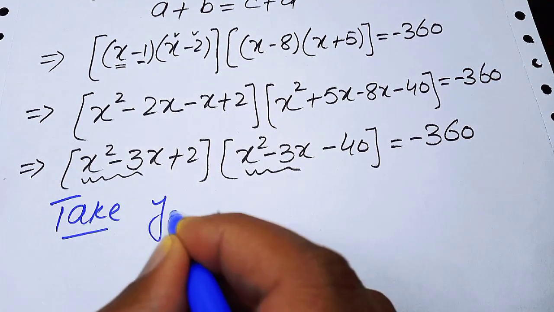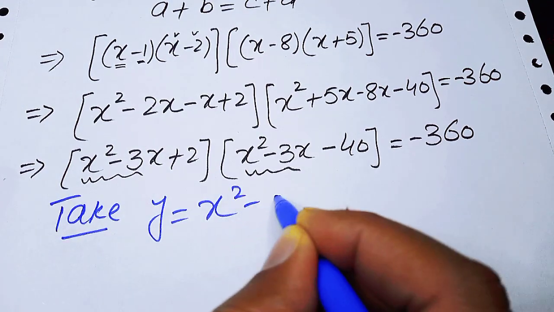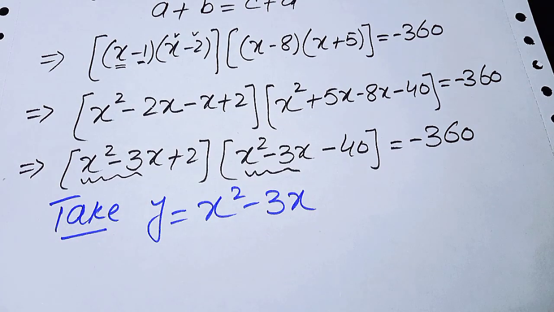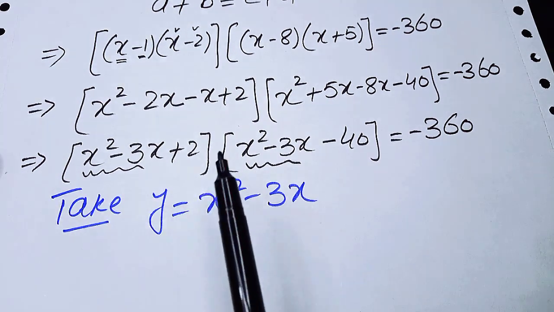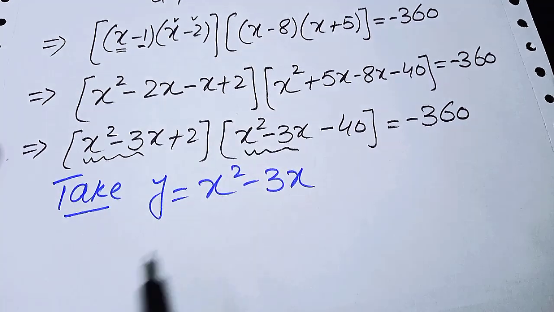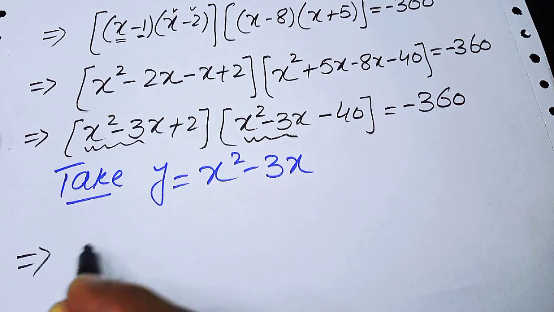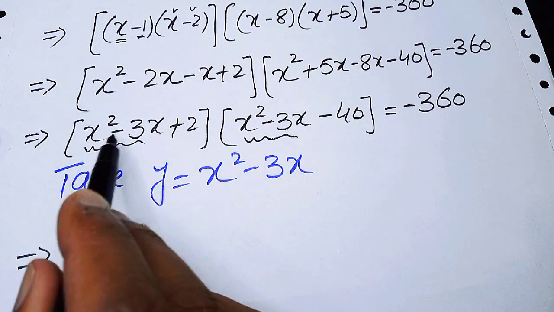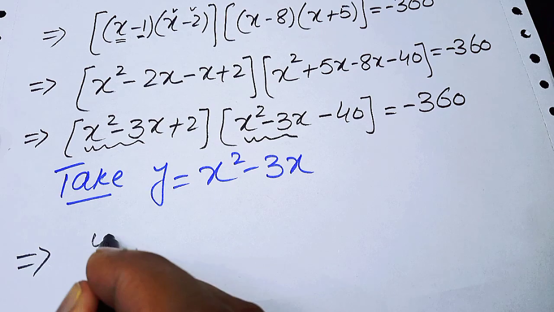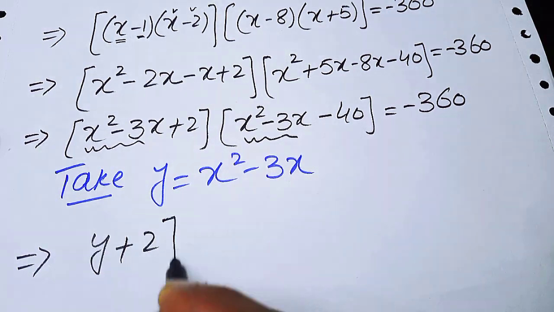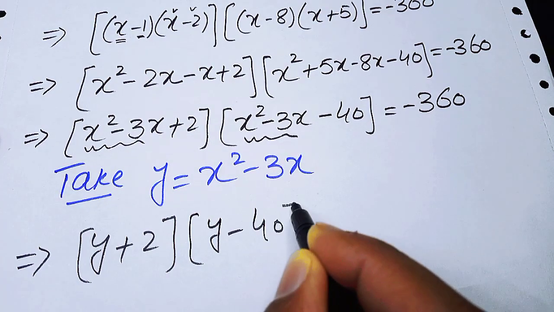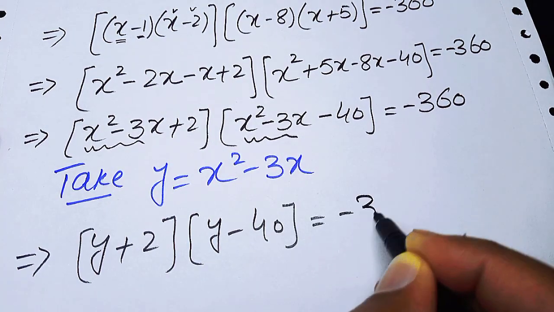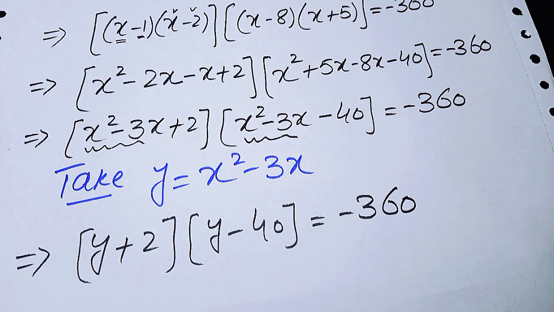So we take y = x² - 3x, and our given expression becomes quadratic in form: (y + 2)(y - 40) = -360.